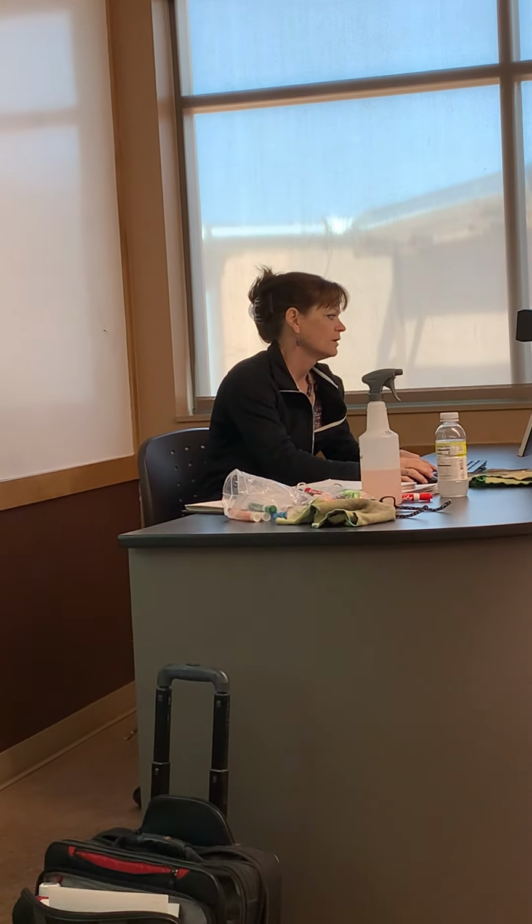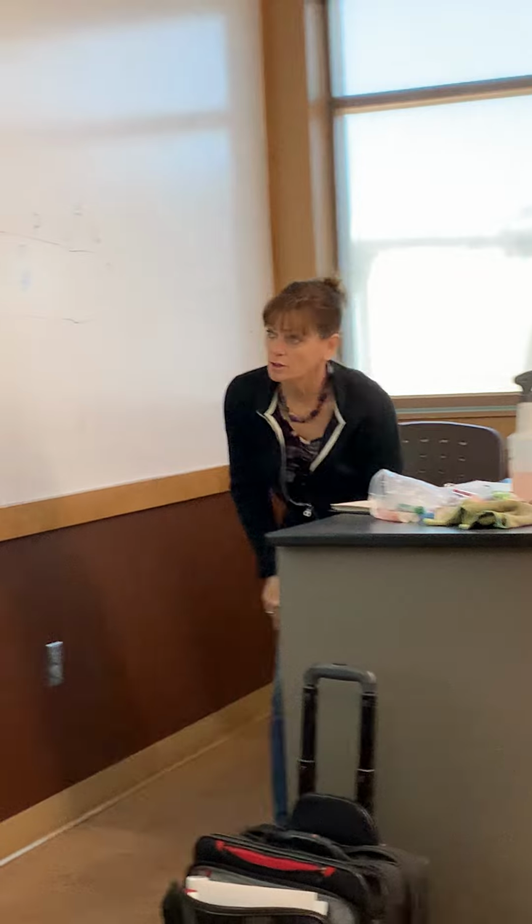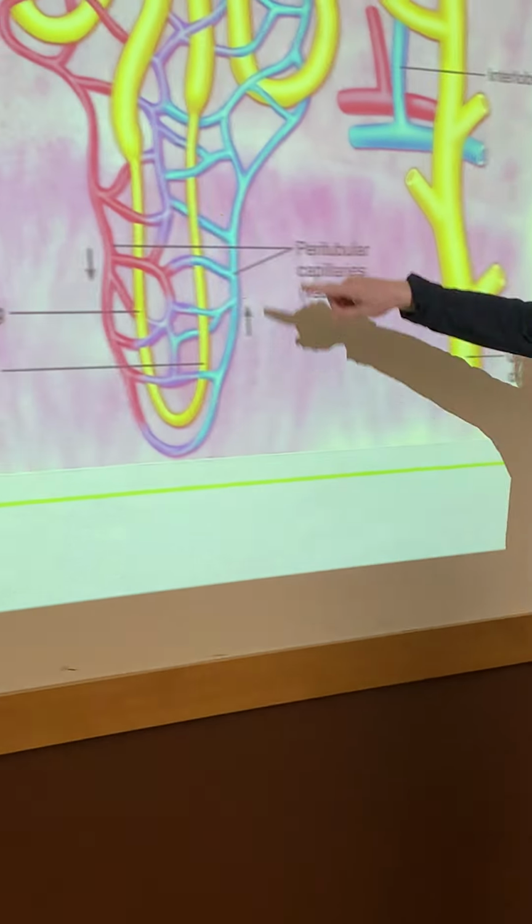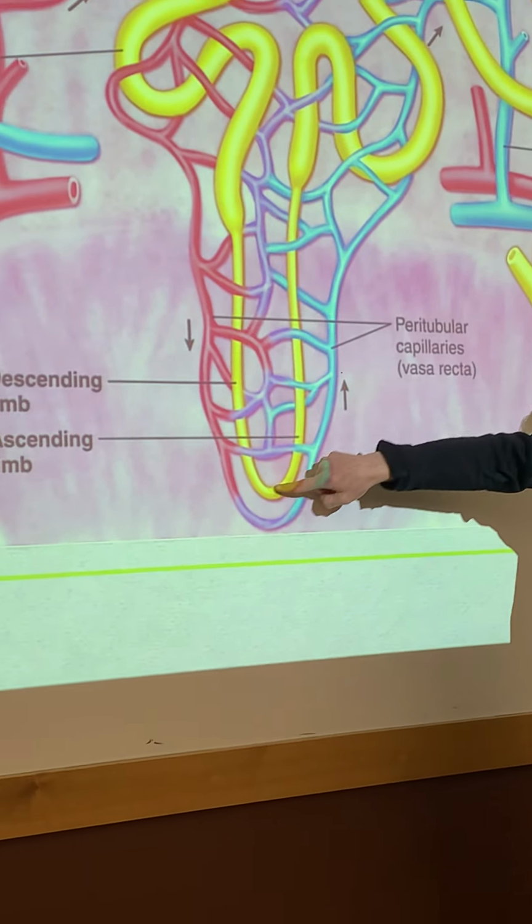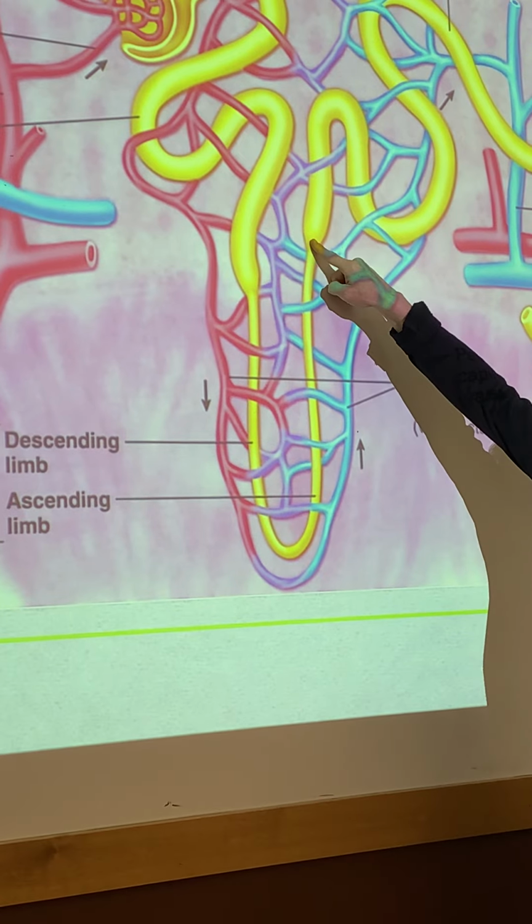All right, the loop of Henle. What is the purpose of this goofy loop of Henle? And there's more details to this than we're going to talk about as well. The loop of Henle is that big hairpin loop from the proximal convoluted tubule to the distal convoluted tubule.